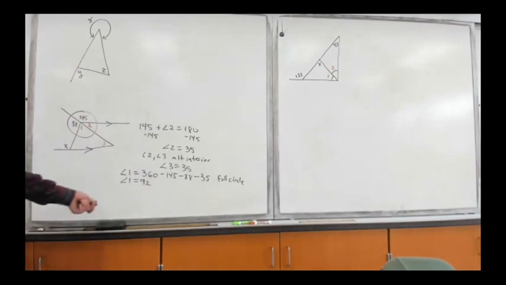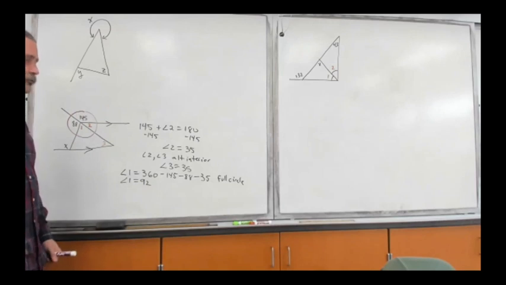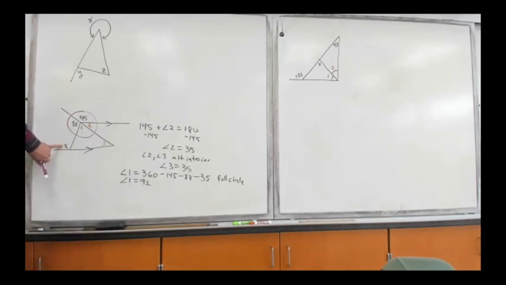Okay, so notice we're using all of these properties of geometry that we've been trying to learn to solve this one problem. And now we get to the geometry property we just started today. X is an exterior angle to the angle 1 and 3.